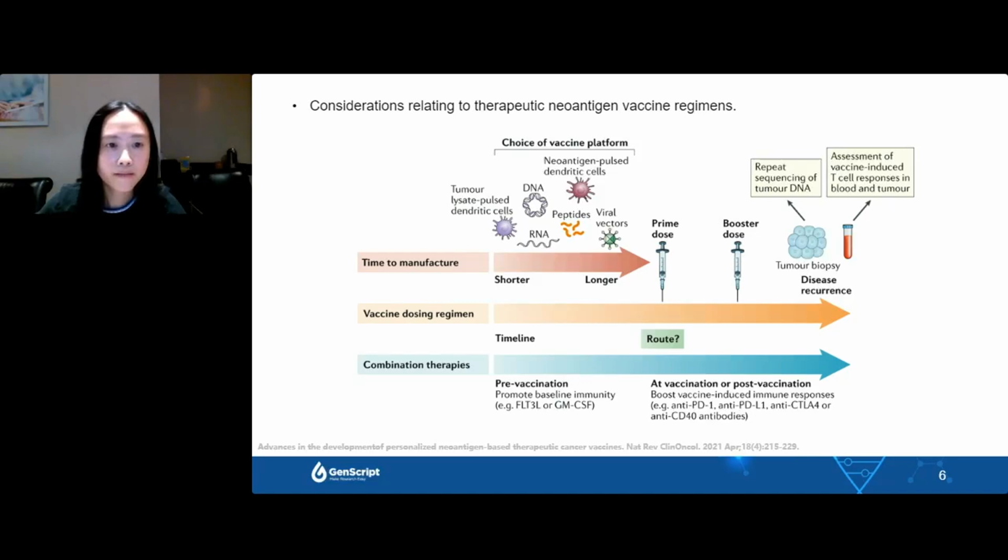Also, the vaccine dosing regimen, like how many doses, and when to have the dose, stuff like that. And once the disease reoccurred, we have to repeat the sequencing of the tumor DNA, and also assess the vaccine-induced T-cell response in blood and tumor. And combination therapy, I mentioned previously, is for a good environment for when the patients get the vaccines.